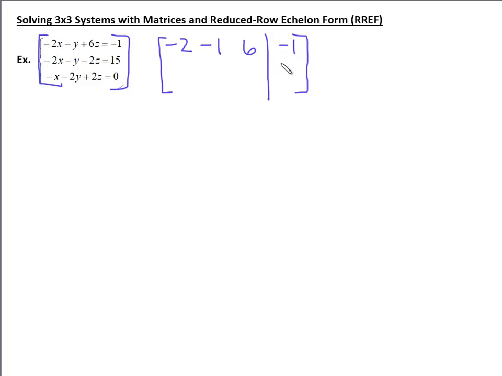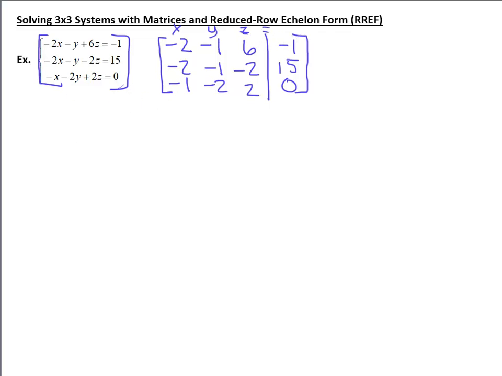But let's just remember this is what it's equal to. So my other coefficients are negative 2, negative 1, negative 2, and 15. And for my third row, we have negative 1, negative 2, positive 2, and 0. If you were missing any variables, like if there wasn't an x or y or z in one of these equations, you just put a 0 for that variable. But remember, this is kind of our x column, our y column, our z column, and what they're equal to.